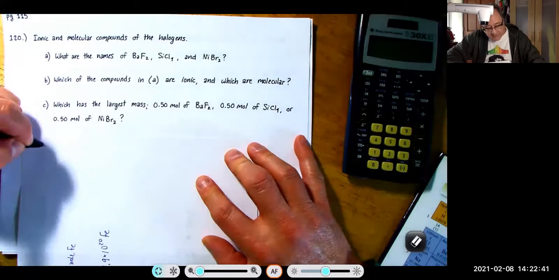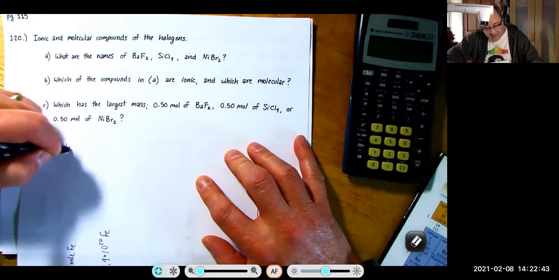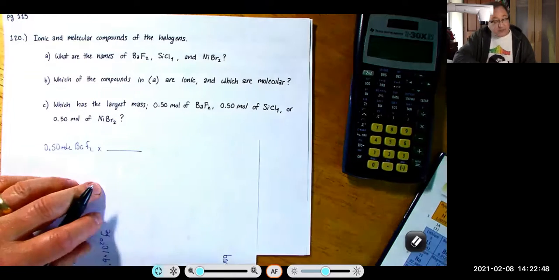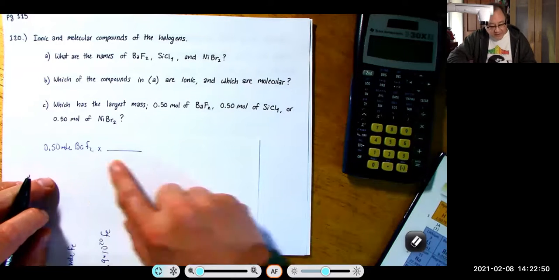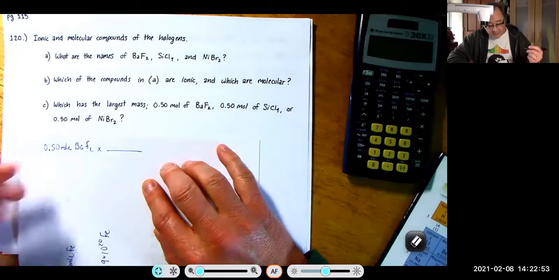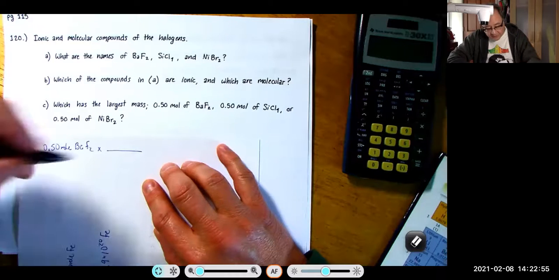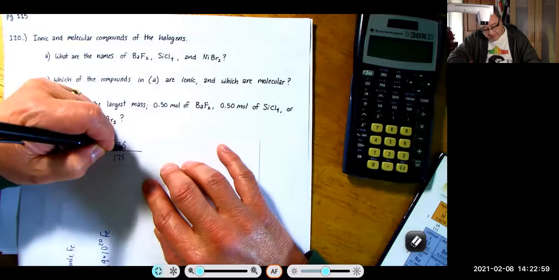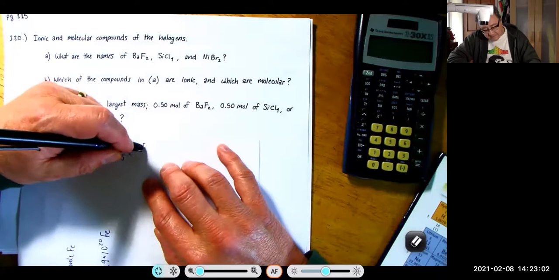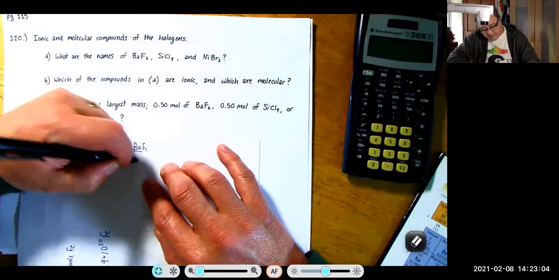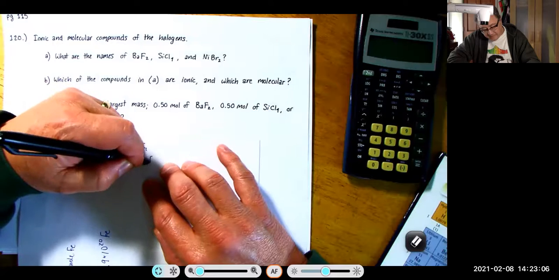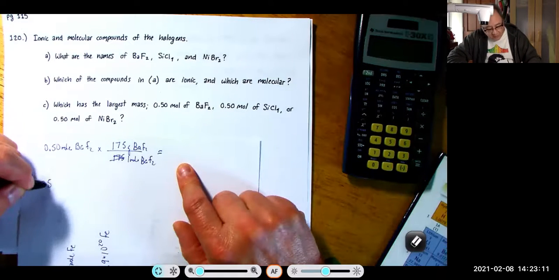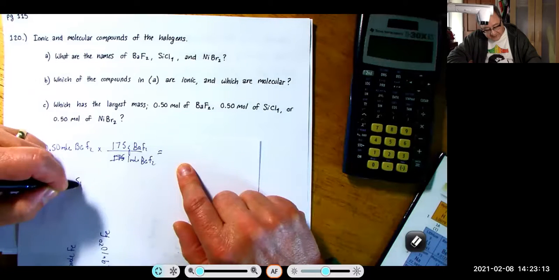Well, we've got 0.50 mole of BaF2 times barium is 137. Fluorines are 19, so that's 38. 38 plus 137 is 175. So that's going to tell us how many grams we have. 0.50 mole of SiCl4.